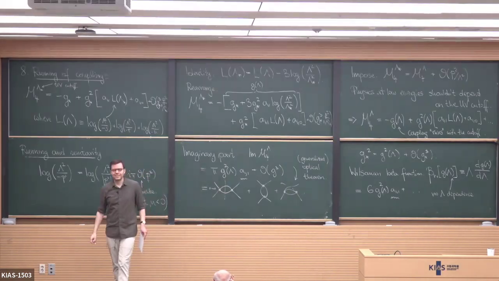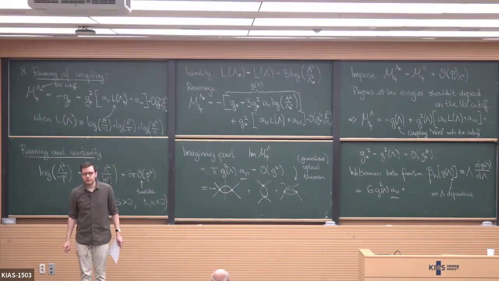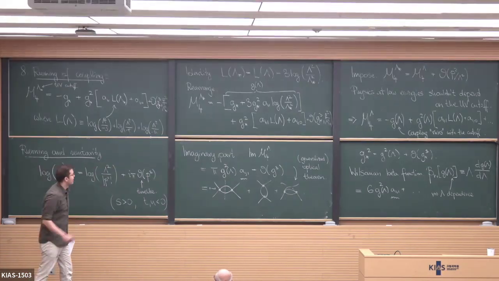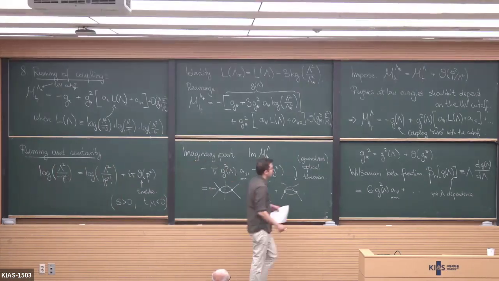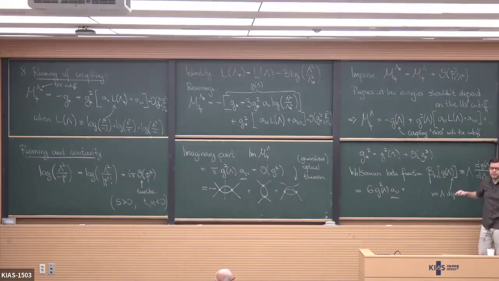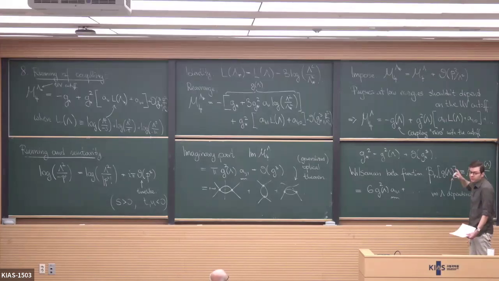Yes? So I think the question was about a secret assumption that I made, which says that A10 doesn't have an imaginary part. Yeah, I didn't want to spend too much time on it. You can argue for that using similar ideas.